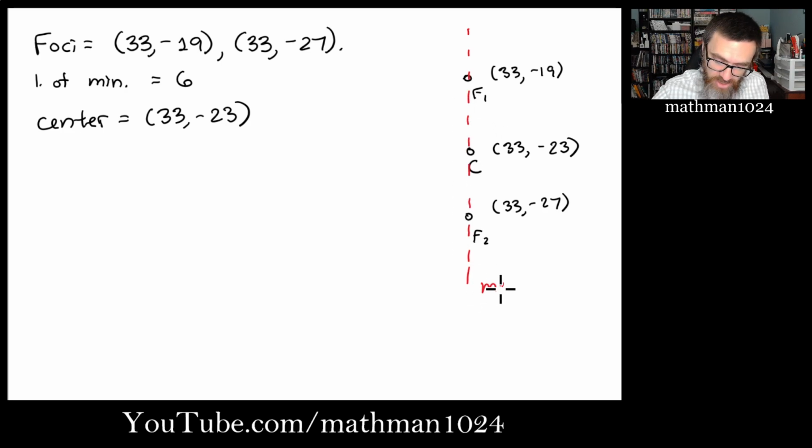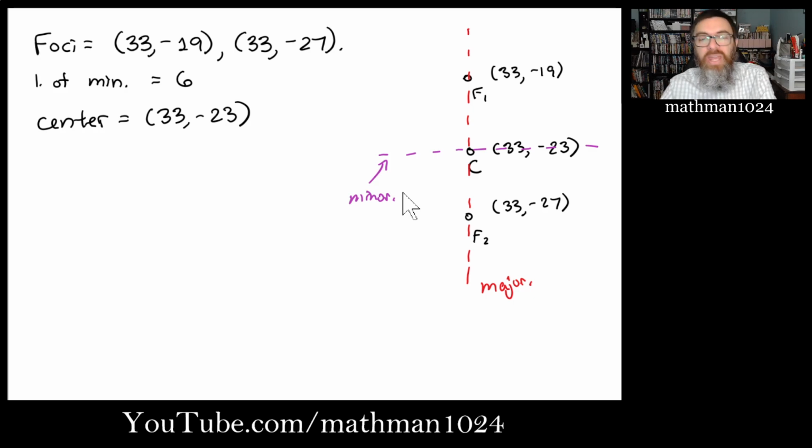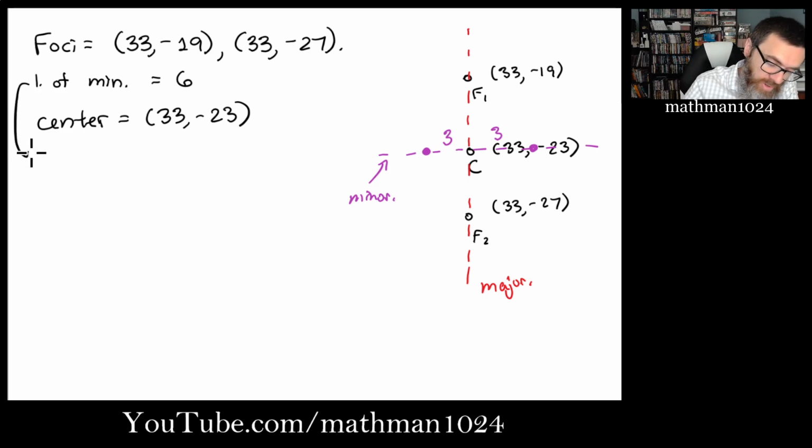All right, now since we have the foci up and down from the center, that means that this is going to be your major axis. And then the guy that's perpendicular to that is going to be your minor axis. They tell us that the length of the minor axis is 6, so each of these is going to be 3 units off from the center. So we can say what the endpoints of the minor axis are.